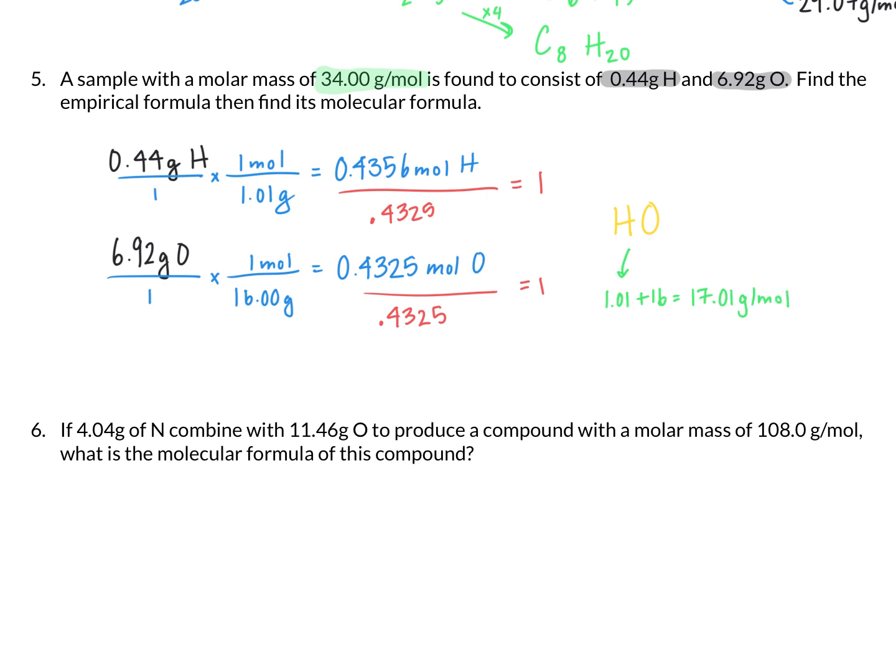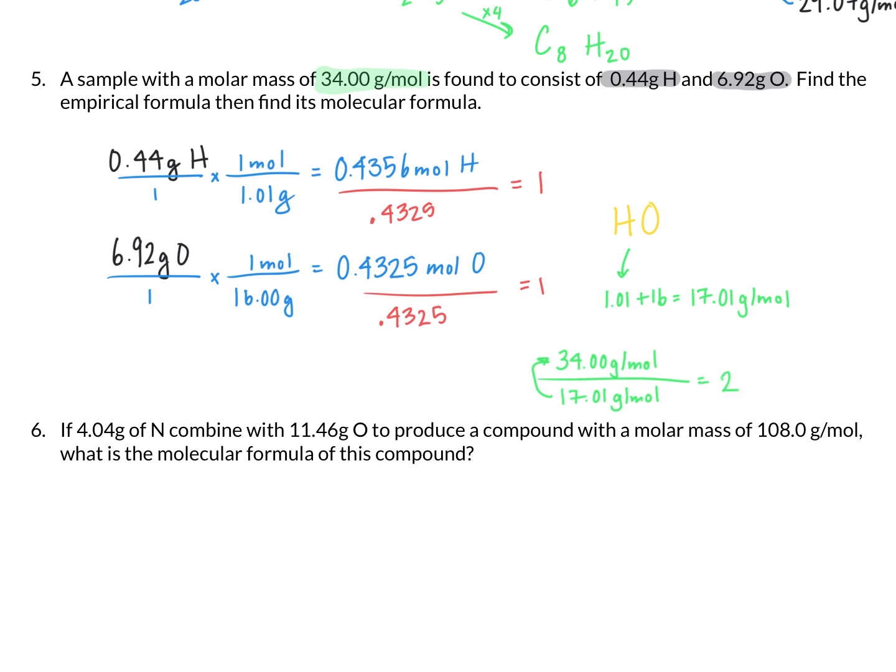But we do know that the molecular formula is going to be some multiple of this. So it could be H2O2, it could be H3O3. And the easiest way to do that, instead of guessing and checking, is just taking 34 grams per mole and dividing it by 17.01 grams per mole to figure out how many times that fits into the other one.